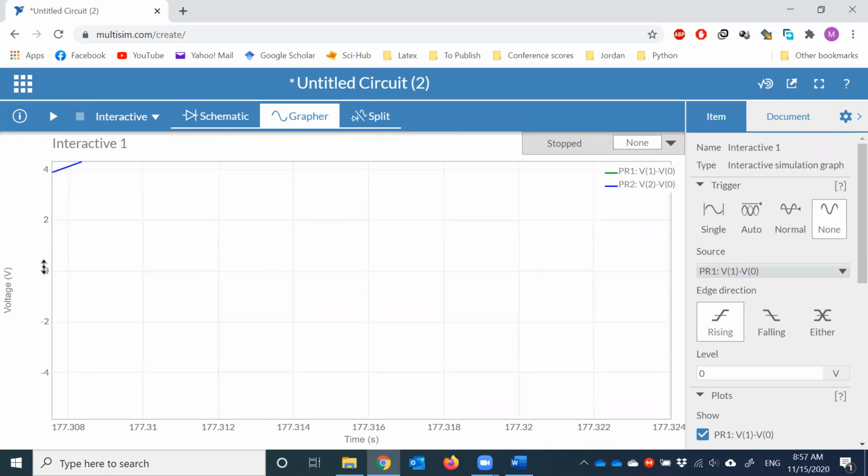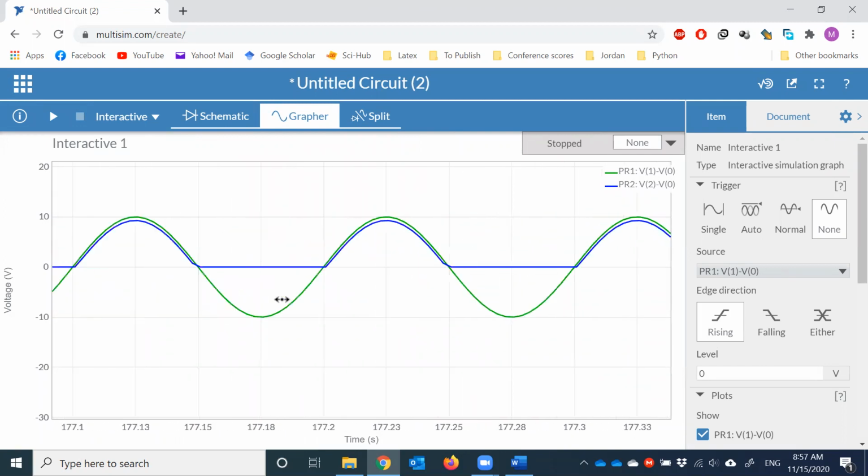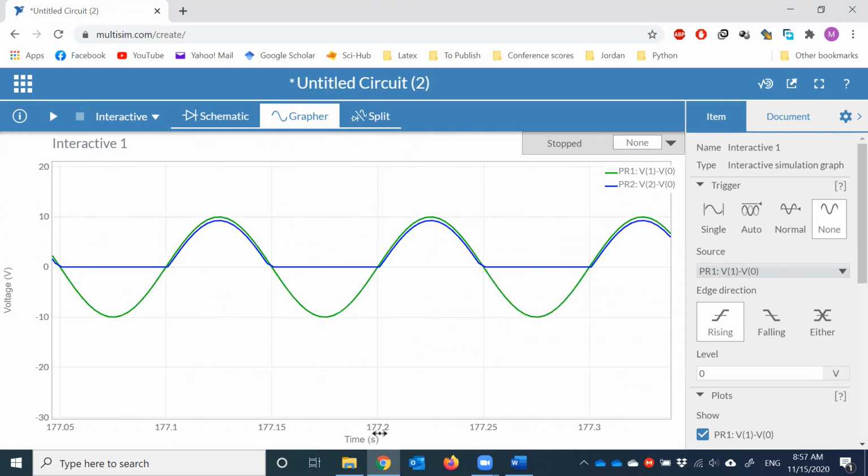okay, yeah, there you go. So the signal will not show up immediately. You have to play with the x-axis and y-axis. To play with the y-axis, you have to go to the y-axis here, and you see the cursor, how it changed, like this, and like this.